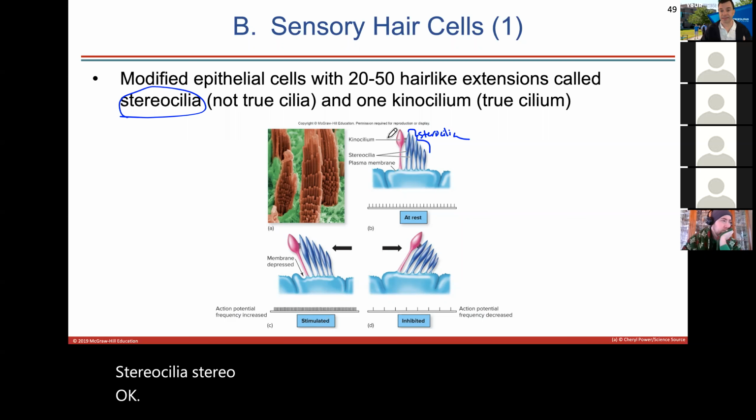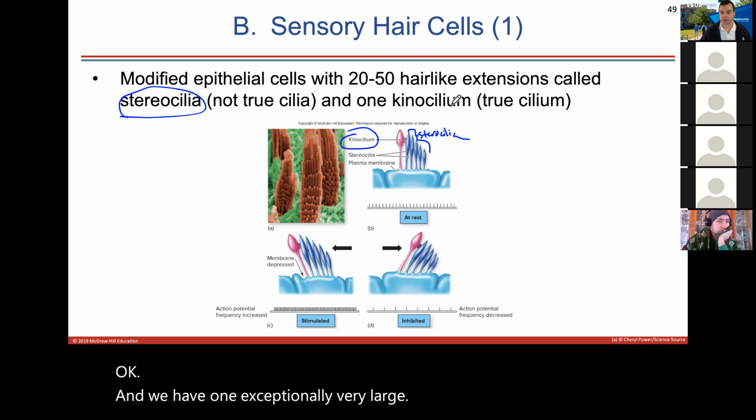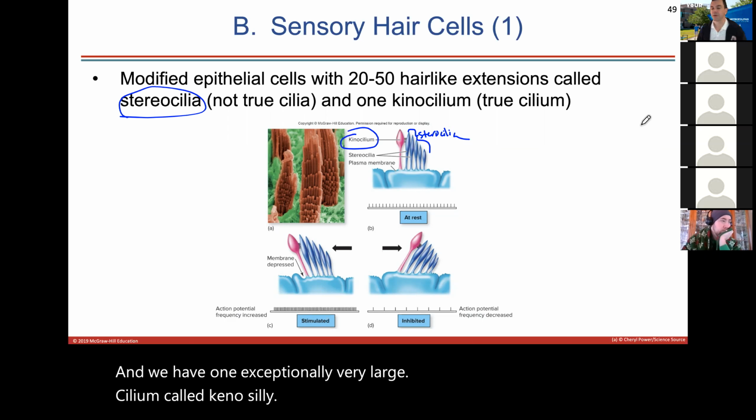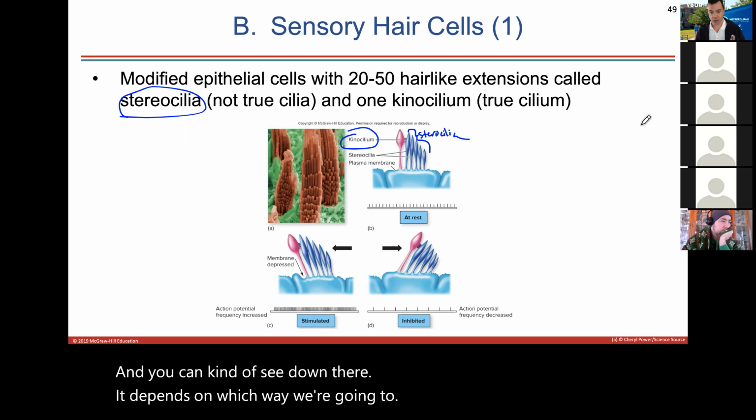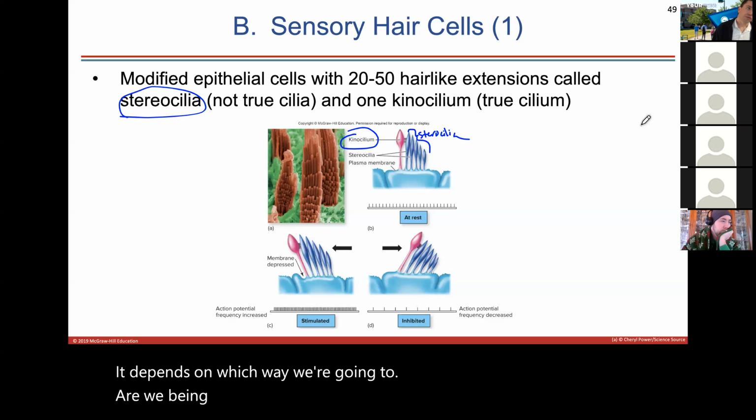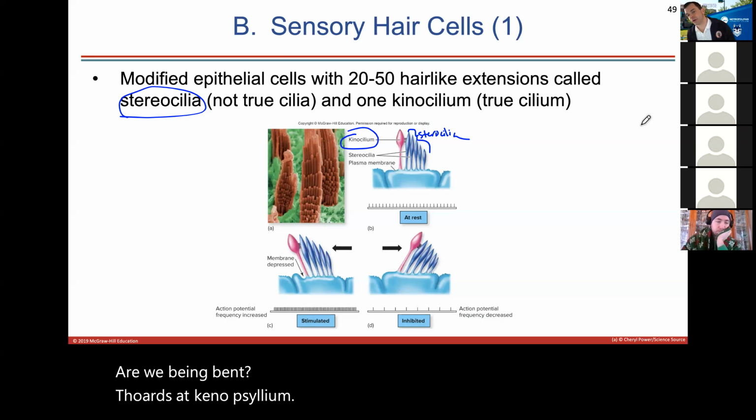And we have one exceptionally large cilium called the kinocilium. When this one gets stimulated, it is going to move one way or the other. It depends on which way we're going. Are we being bent towards that kinocilium, or bent away from it?